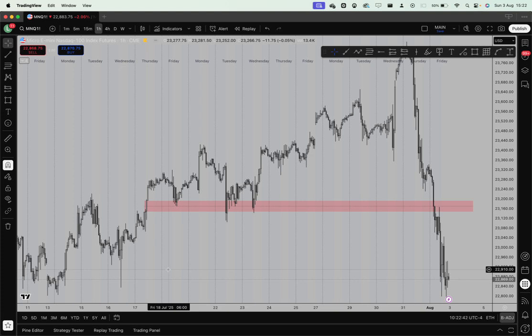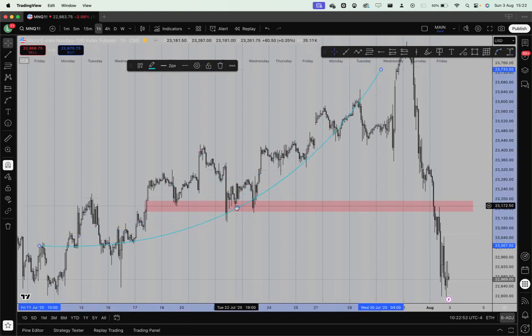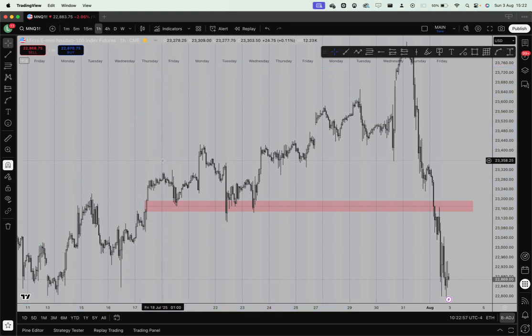Now, there's a couple of things that we must look for first. So, all PD arrays that we're looking for today must be on the left side of the curve. Okay. So, when I say that, I mean this way. Okay. So, we always look left for our PD arrays.